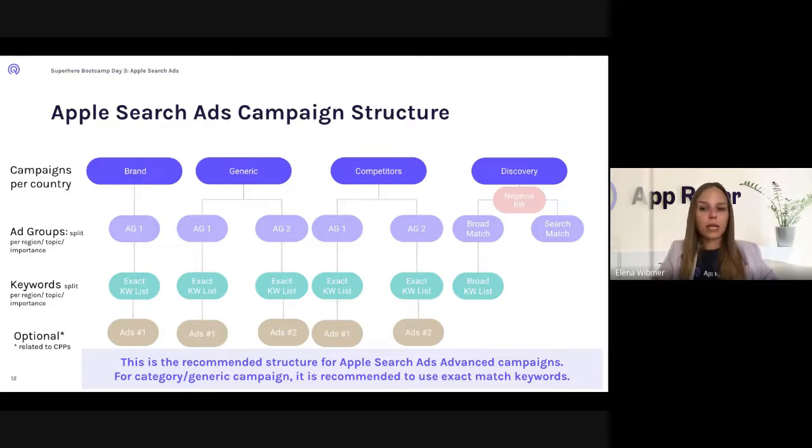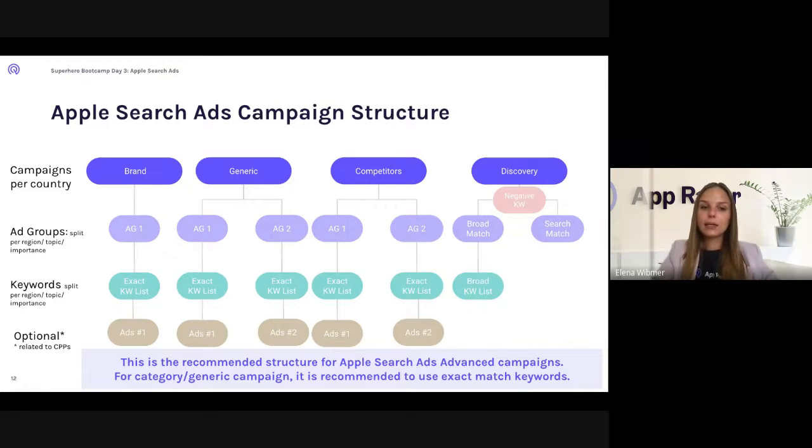For the discovery campaign, on the other hand, you can have one ad group with broad match. That should include all the keywords from the other three campaigns, but with the match type set to broad match and search match off. And then you can have another ad group with search match on, but with no keywords in there. It just helps you get suggestions directly from Apple to see for which keywords you are appearing as relevant.